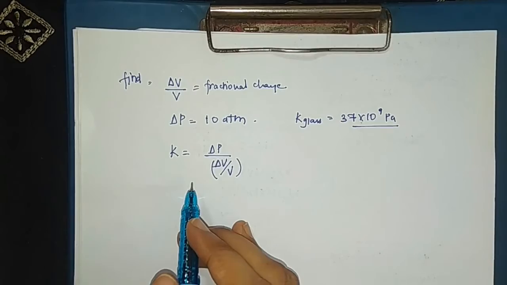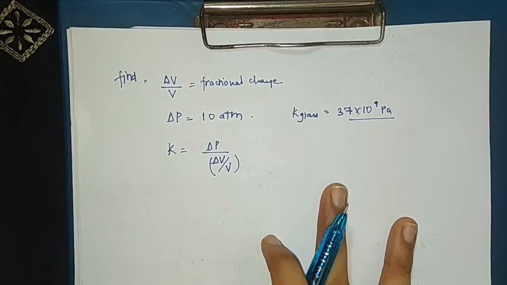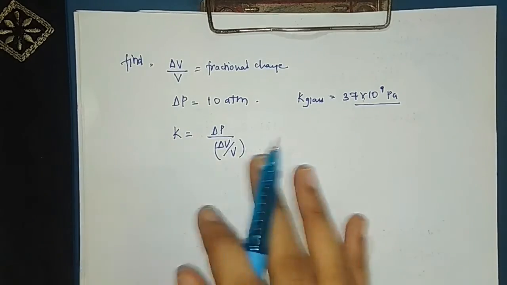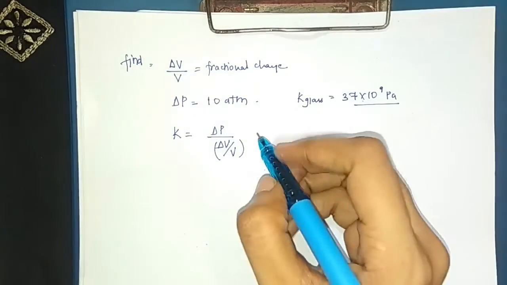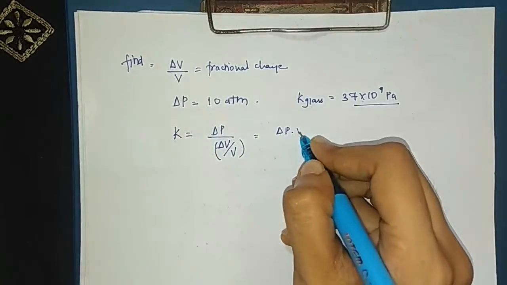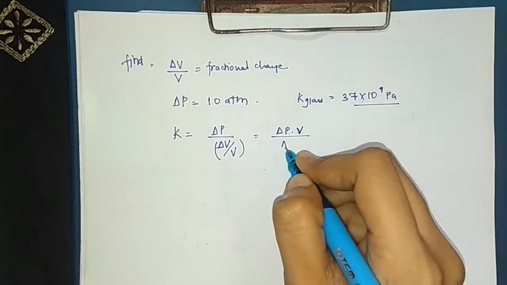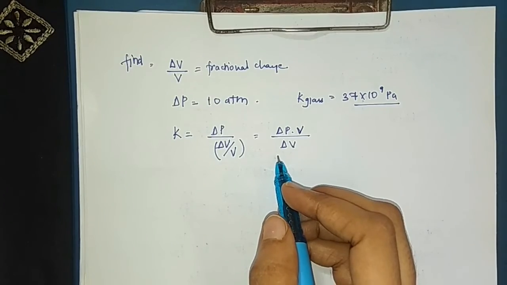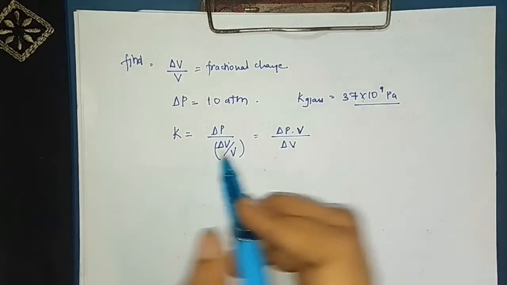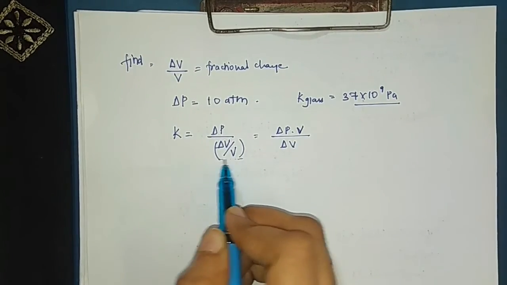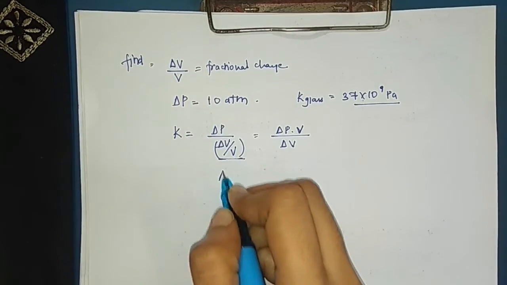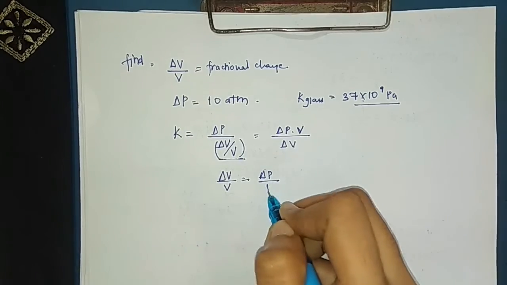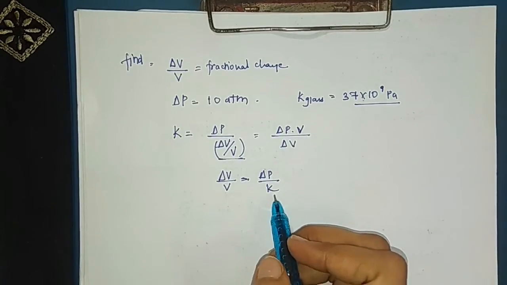I'm not considering the negative sign, I'm just taking the mod of the formula, so there should be no confusion. So it is delta P times V upon the change in volume delta V, right? I have to find this quantity directly, so I'll shift it to the LHS. Delta V by V is change in pressure divided by the bulk modulus K.